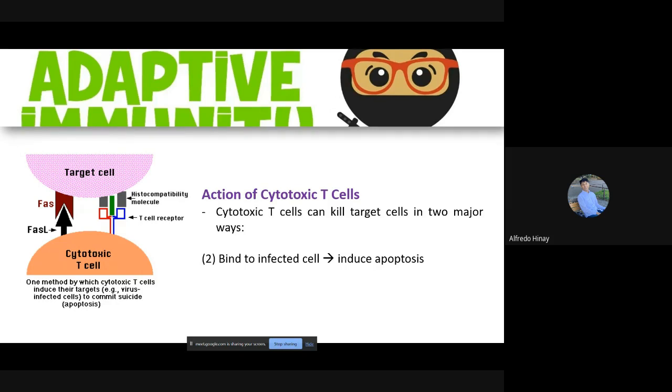So if for example the cell is infected already with a bacteria, what will happen is that, not specific to bacteria only but all infectious agents, they will try to express your FAS.